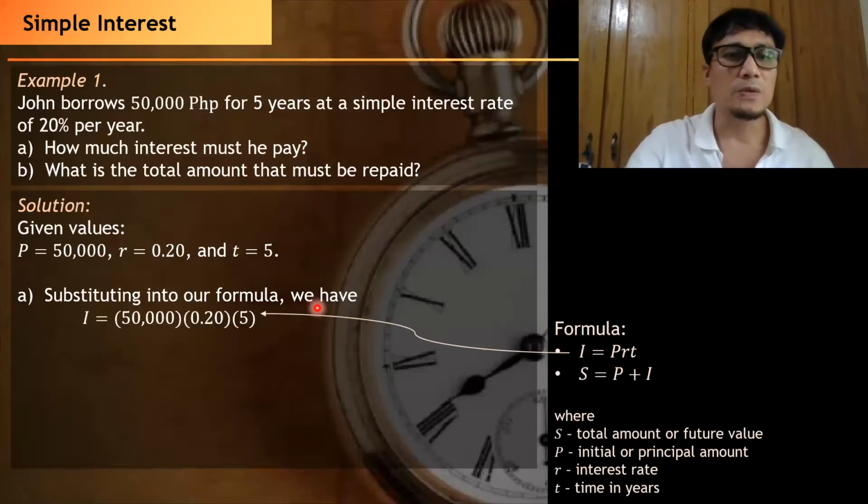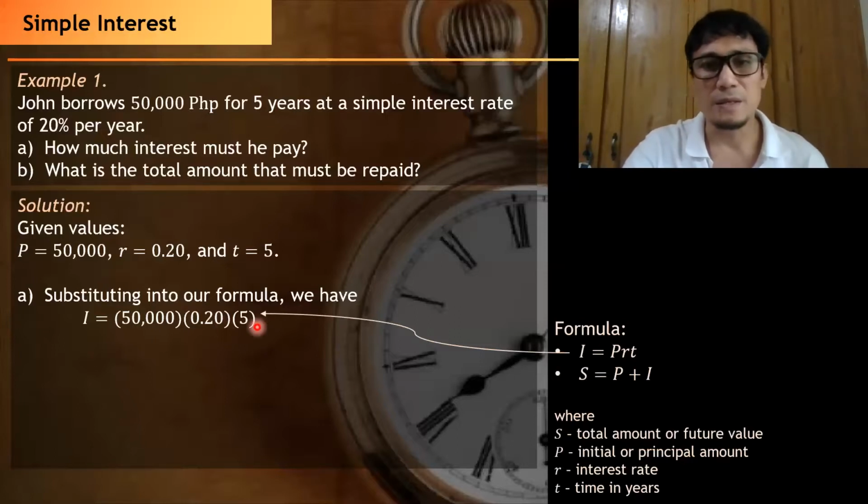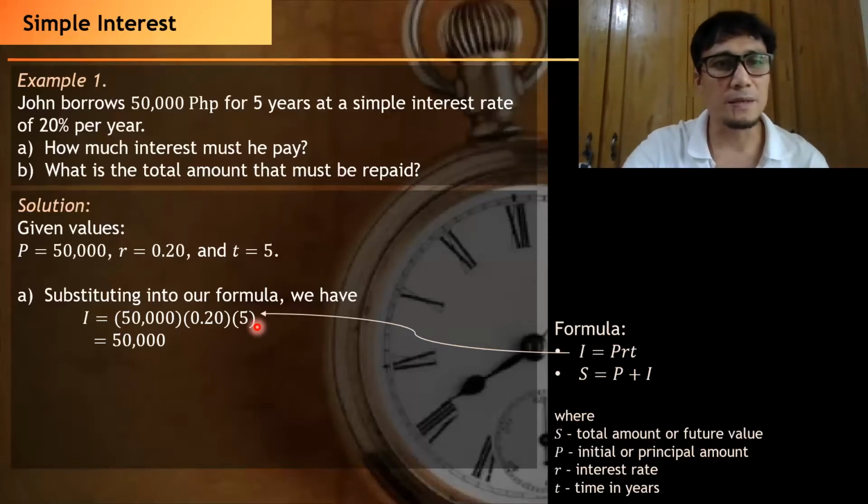So we have I equals 50,000, that's P, 0.20, which is R, and T is your time. Okay, and then using our calculator, we compute for interest. This is equal to 50,000. So that means that John should pay 50,000 for the amount he borrowed after 5 years. That's only for the interest.